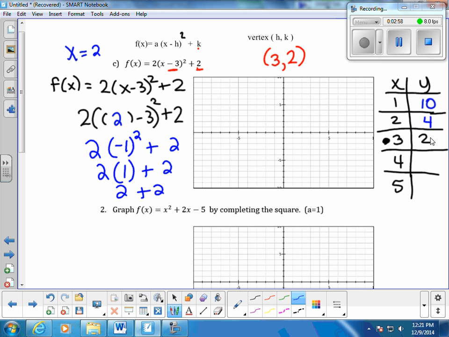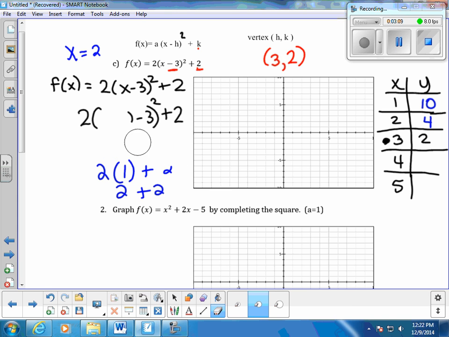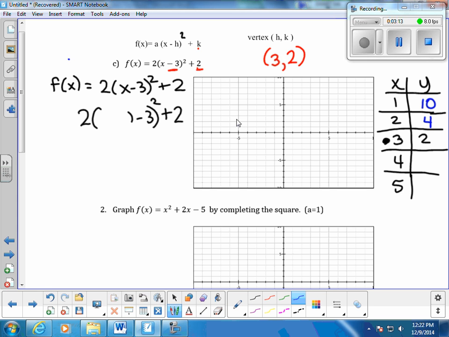Now we already know our vertex because we pulled it from our formula that was given previously. We're going to work with 4 and then with 5. By substituting 4 in here, you're going to get x equals 4. I'm going to substitute a 4 in there and solve this.